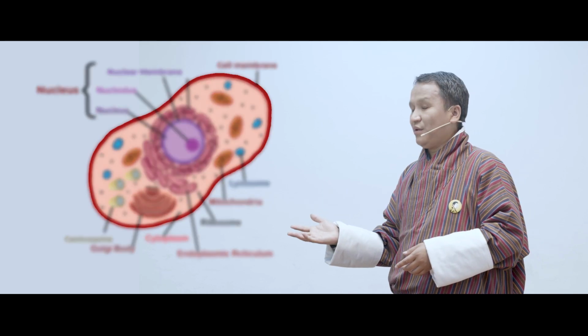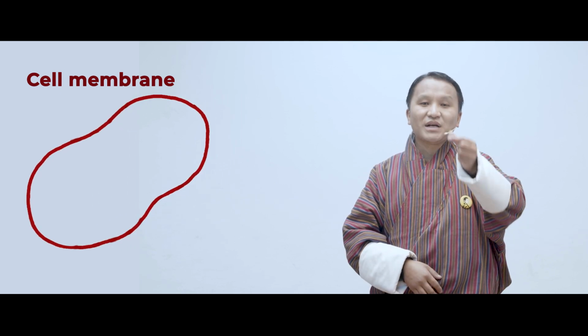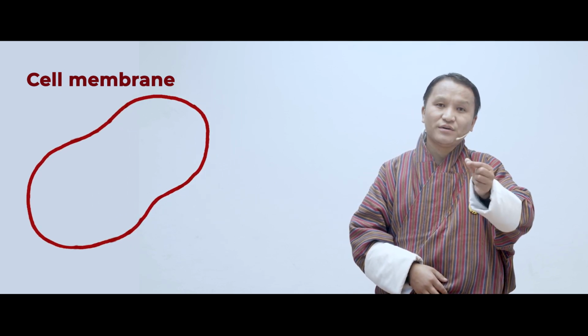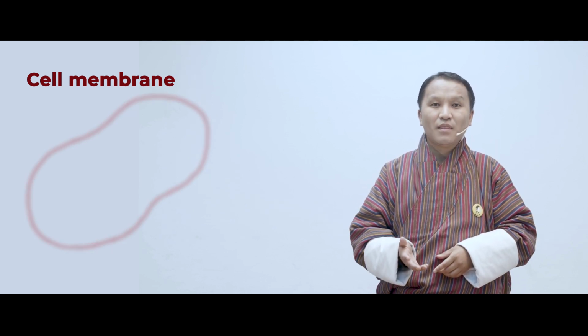Then the next cell organelle, or the part of the cell that we will be discussing, is the cell membrane. Cell membrane is the outermost layer in animal cell, but it is found inner, next to the cell wall, in plant cell.